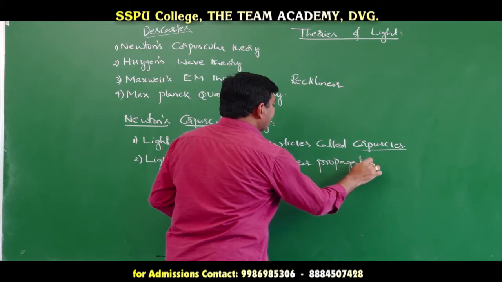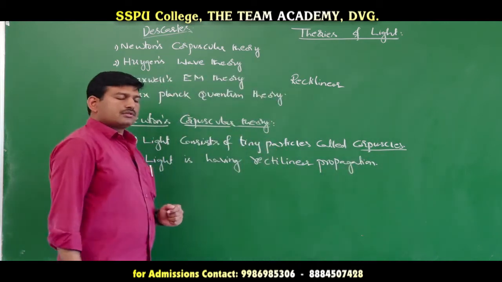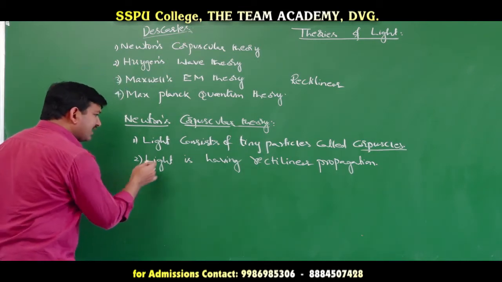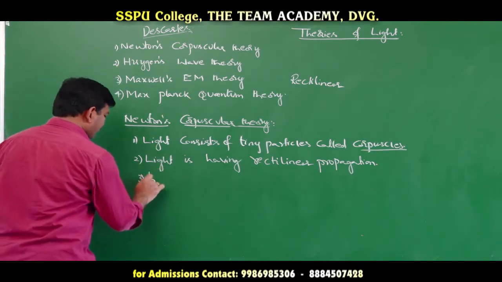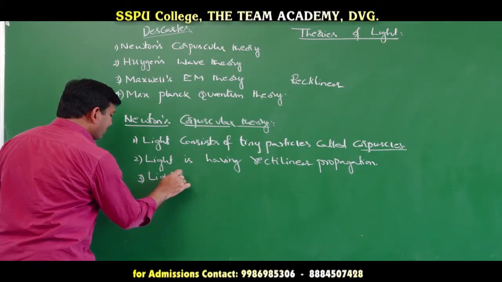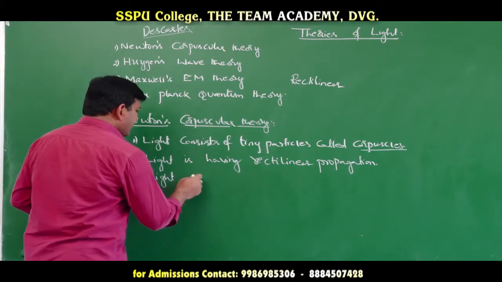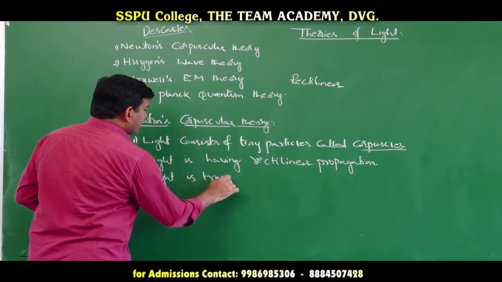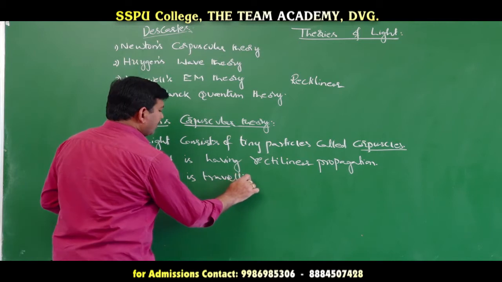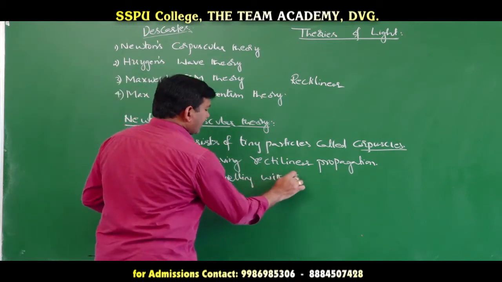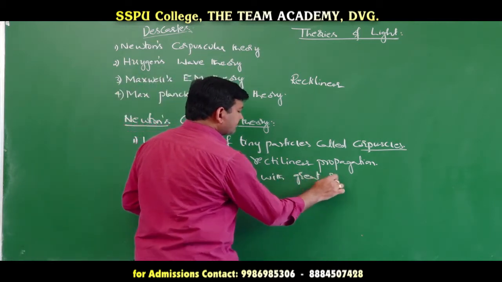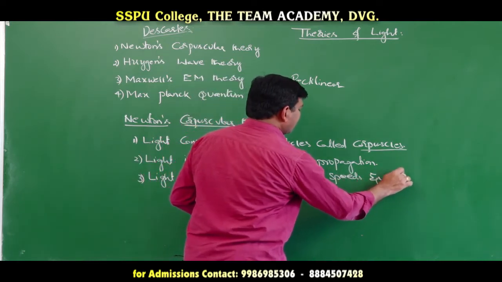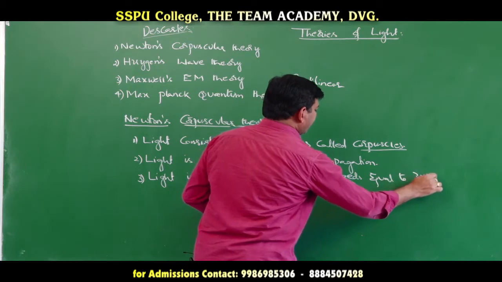And light, or the corpuscles, travel with great speed equal to 3 x 10^8 meter per second.